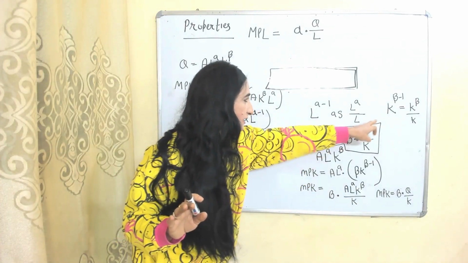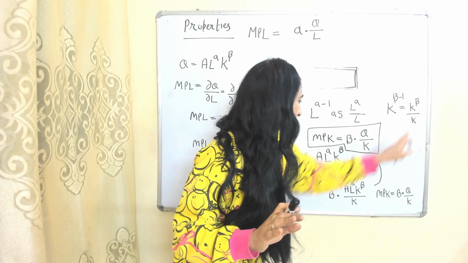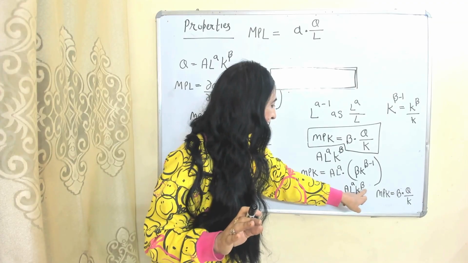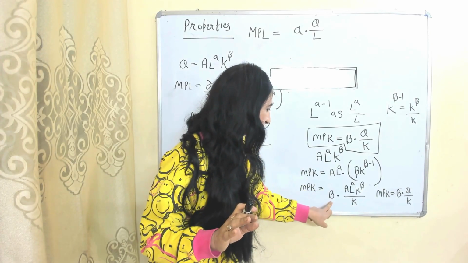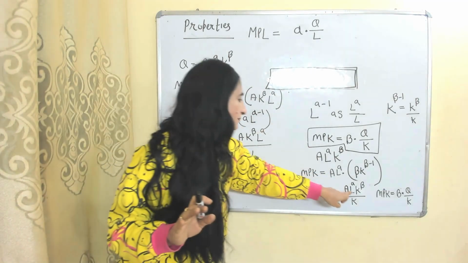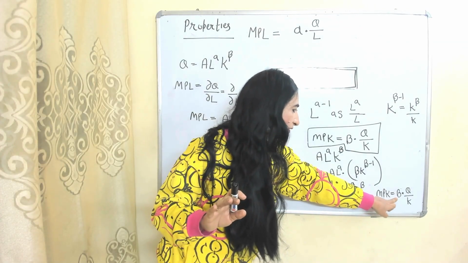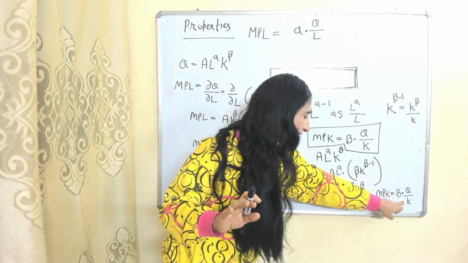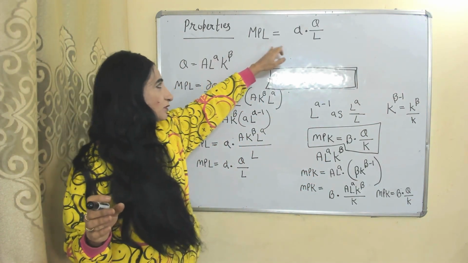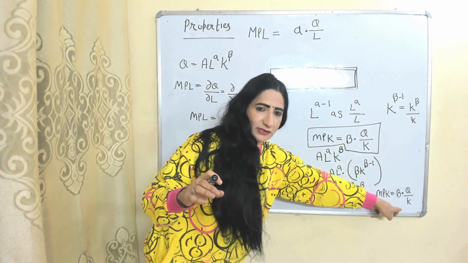And we can write K to the power beta minus 1 like K to the power beta over K. So in place of K to the power beta minus 1, we will write K to the power beta over K. This beta will come here and this will become our production function Q. So in place of this, we can write Q. So marginal product of capital also becomes equal to beta into Q over K. So we can say that according to Cobb-Douglas production function, marginal product of labor is equal to this one and marginal product of capital is equal to this one.